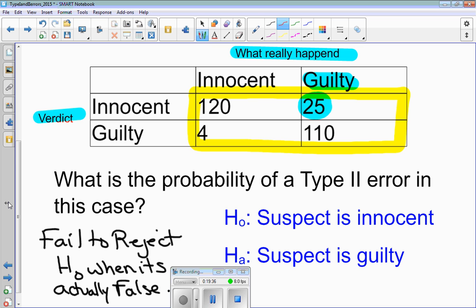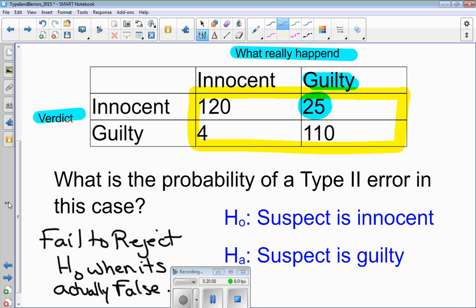Which is 259, not 159, right? So 25 divided by 259, really? Fat fingers. It's about 9.5, about 10% or so, approximately. Okay? So the probability of a type 2 error in this case would be about 0.0965. Okay?